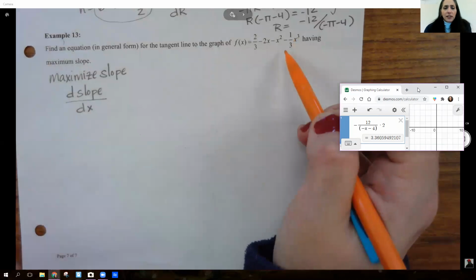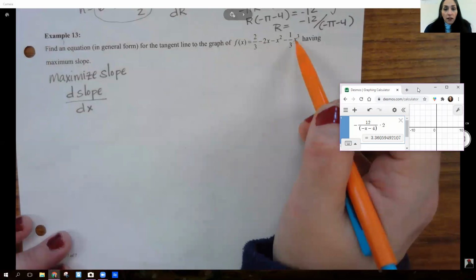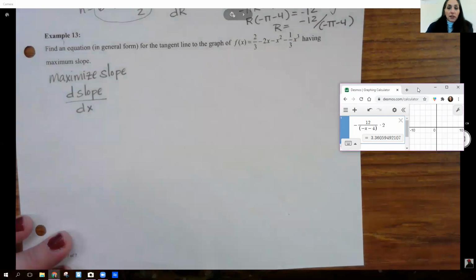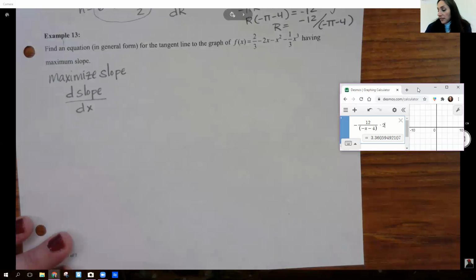It's not necessarily symmetric to the origin. I shouldn't have said that, but it has an odd degree. So the end behavior is going to be down on one side and up on the other side to the infinities. So kind of have that S shape. At some point, it is going to have a very steep slope, maybe more than one spot, okay?